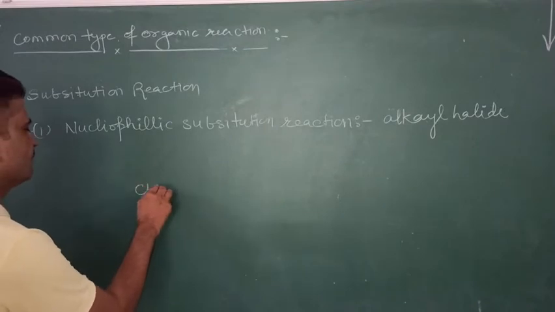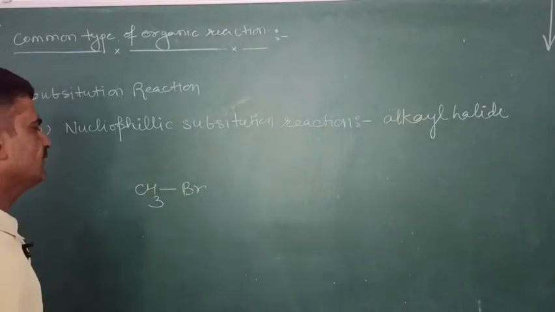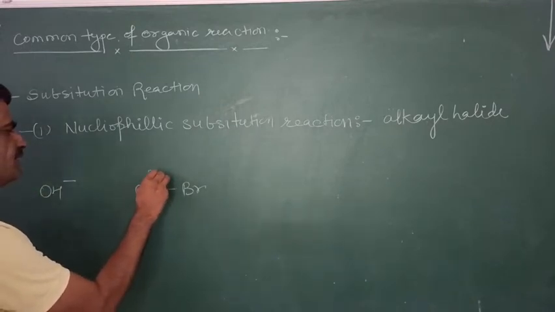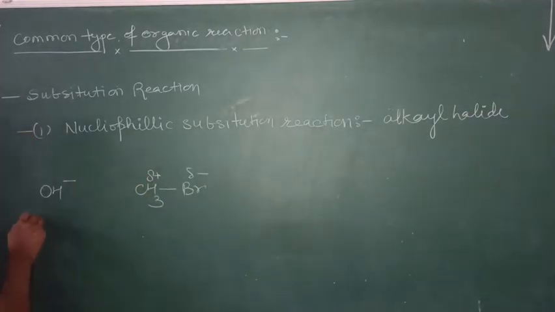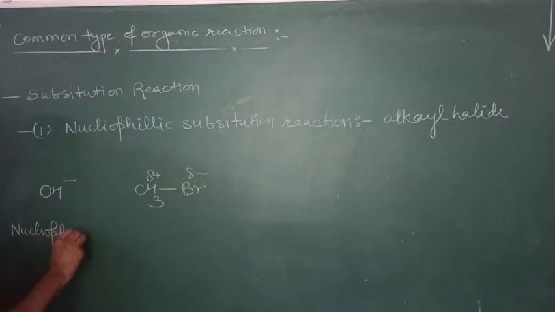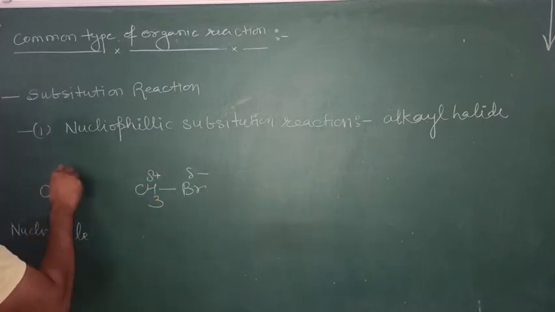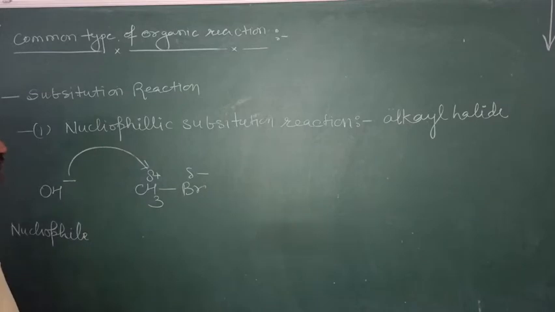This is bromomethane and this is a hydroxyl group, and it is polar in nature, and this hydroxyl acts as a nucleophile. This nucleophile will do the rear attack on this positively charged carbon atom, because this is a negative charge.